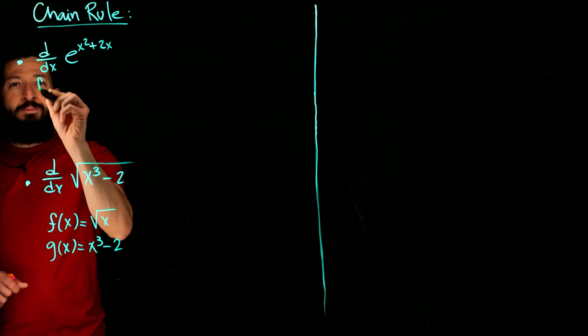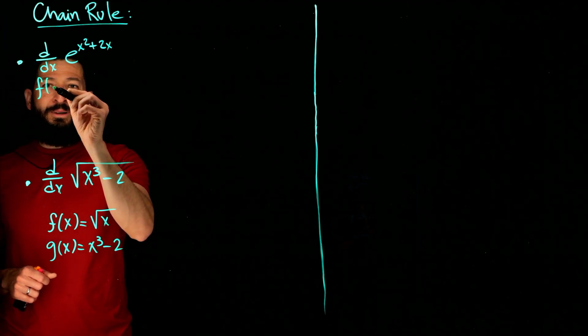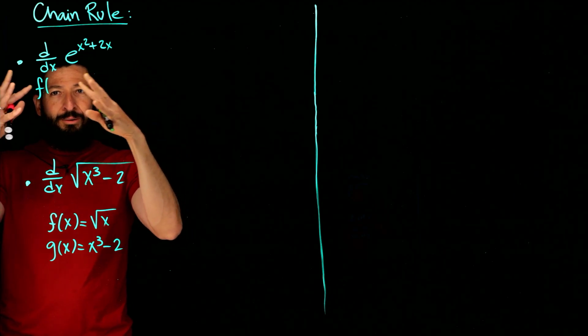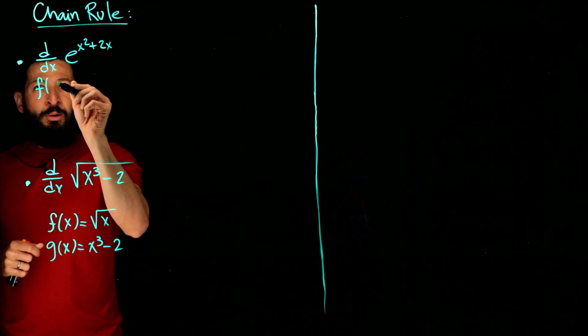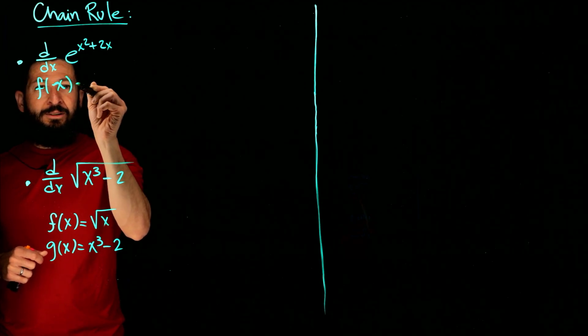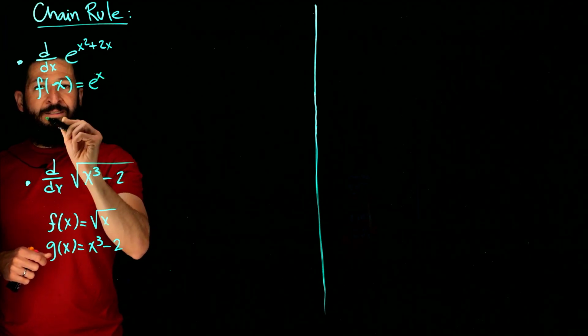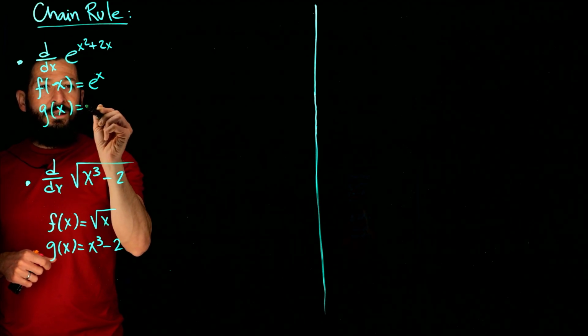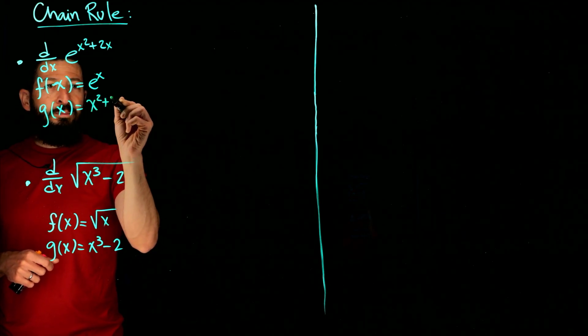Right here, my function on the outside, I want to think about it as if I'm peeling an onion, going from outside and working my way in. So the function on the outside, f of x, is going to be e to the x, and the function on the inside is going to be x squared plus 2x.